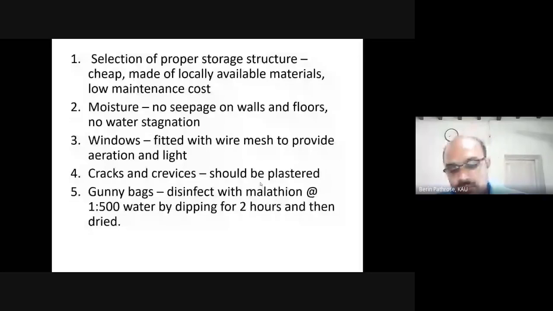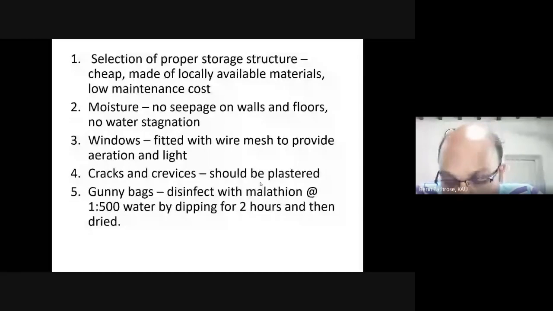Okay, so step by step, we will see how we go about managing a godown. The first and foremost thing is the selection of a proper storage structure, as we had discussed with respect to the storage structures when we discussed storage of grains. Each storage structure should be made of locally available cheap materials.